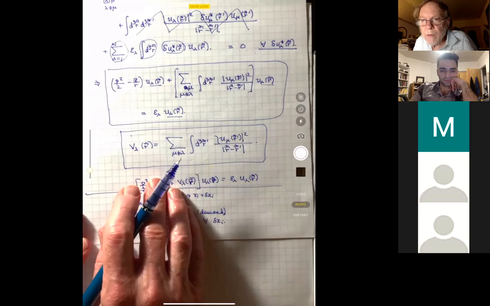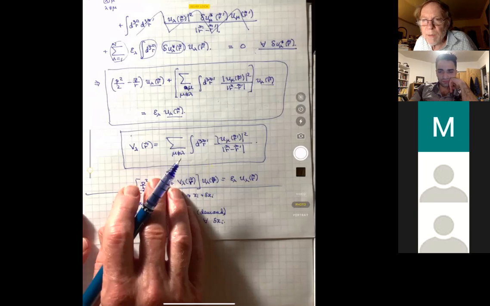But if I promote U and V into complex variables, then it's no longer true that W star is the complex conjugate of W. You follow me? So varying with respect to U and V promoted into complex variables is equivalent to varying W and W star promoted into independent complex variables.